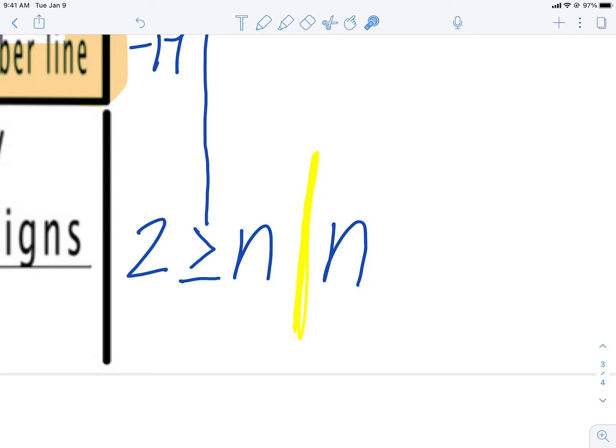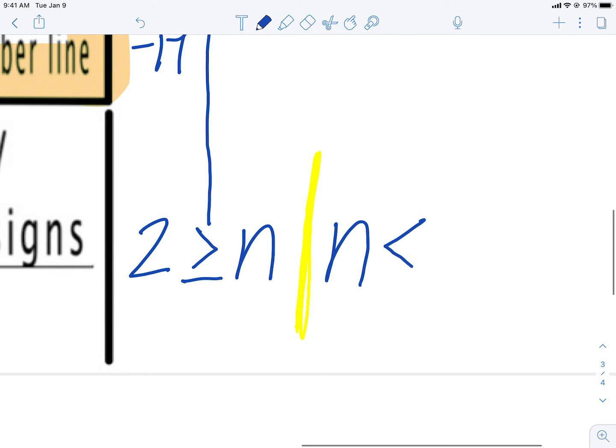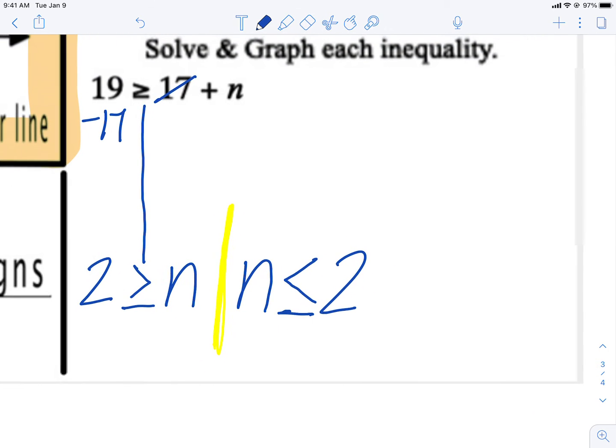Have you noticed when you're standing in front of a mirror, your right hand in the mirror is your left hand, and your left hand in the mirror is your right hand, right? So everything flips. So this arrow is going to flip in the opposite direction. It's going to say that. And then the 2 stays the same. This is our solution right there. That is our solution. Okay?